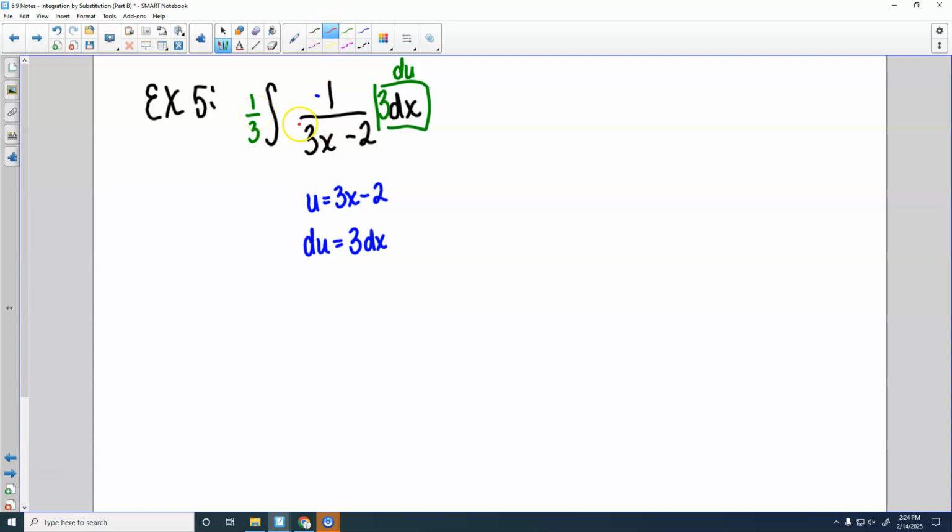And so this stuff on the bottom right here is our u. And we can convert this over to 1/3 the integral of 1 over u du.